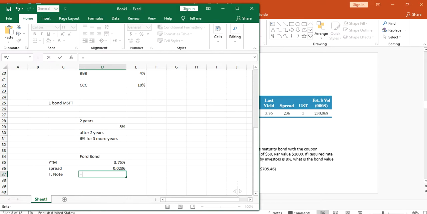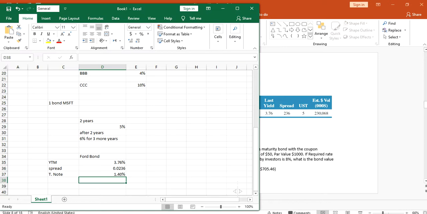It means like government bond, T bonds, T notes, treasury notes, is on which rate? The difference between these two, 1.40% rate, okay? That's the rate of government bond at that time.